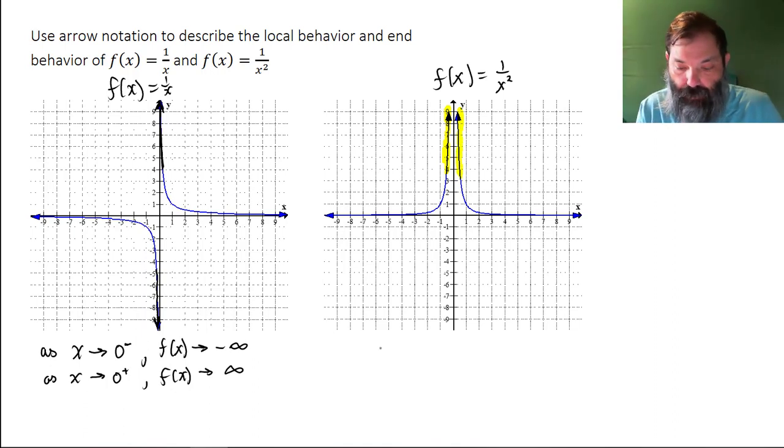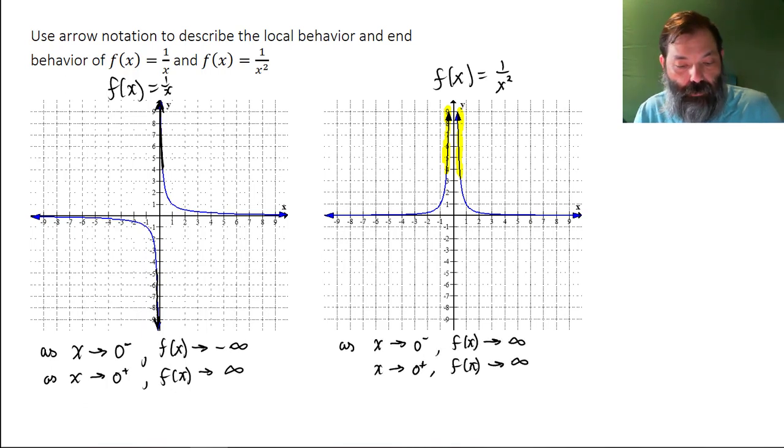And so we would say, as x approaches 0 from the left, the function approaches infinity. Similarly, as x approaches 0 from the right, the function approaches infinity. So that's the local behavior for the functions near x equals 0.